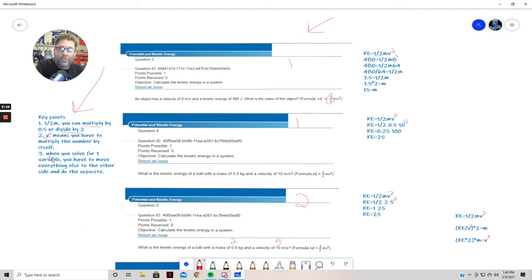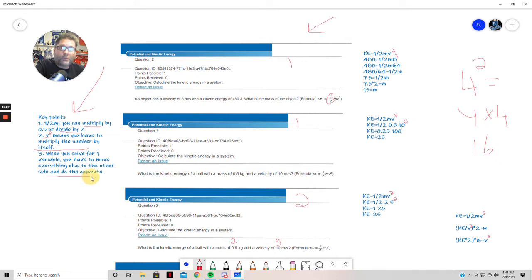But it simply means you take that number and multiply it by itself. So for example, if I have 4 squared, that's going to equal 4 times 4, which of course you know is 16. That's the idea of that. You just take that number and multiply it by itself to get the answer.